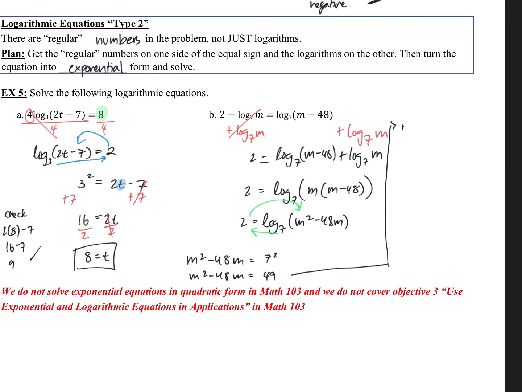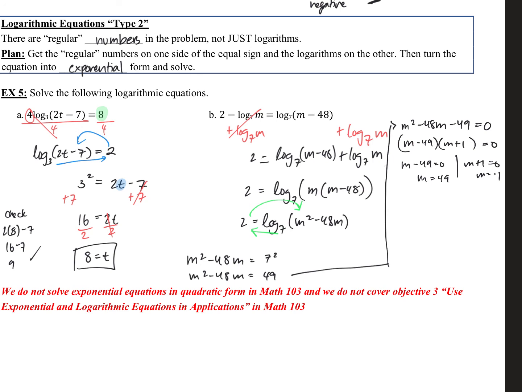This is quadratic, so we'll go ahead, set it equal to 0, and factor. That looks like m minus 49 and m plus 1 equals 0. Set both equal to 0 to solve. We have two possible answers: m equal to negative 1 and m equal to 49.